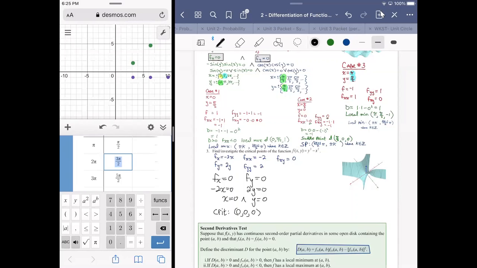Now we just have to verify that that's the case. So f sub xx, f sub yy, I like the yy first, f sub xy, and then d.